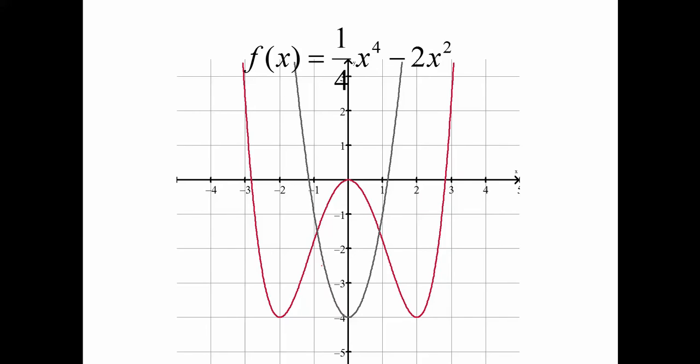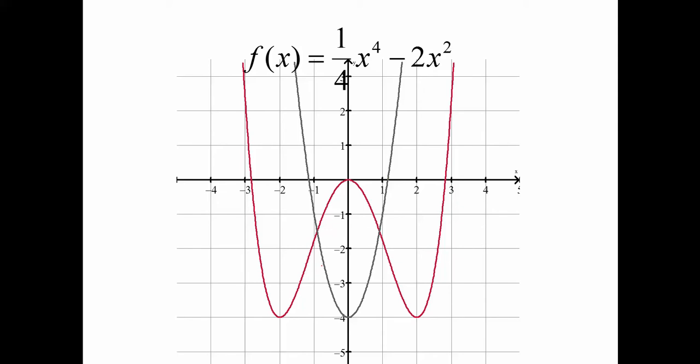Hopefully you can see that the graph starts out as concave up, and then when we get to about negative 1.2, it changes concavity, so the second derivative has a 0. Then the red graph is concave down for a while. Then at x equals 1.2 or so, you're going to see that the second derivative has a 0 again, because our original graph then changes to be concave up.